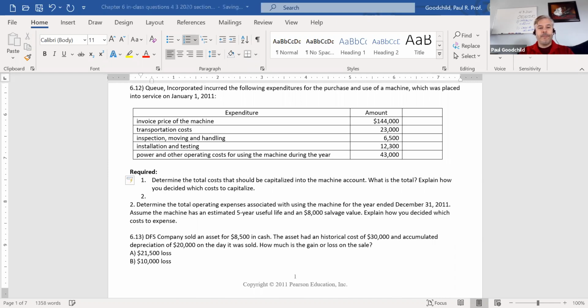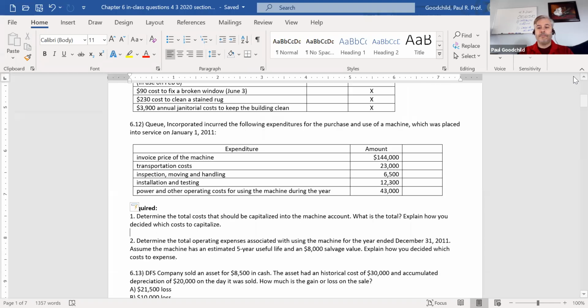All right, so this will be for you to practice. Number 12. We're working on number 12: the company incurred the following expenditures related to the purchase and use of a machine, which was placed into service on January 1, 2011.